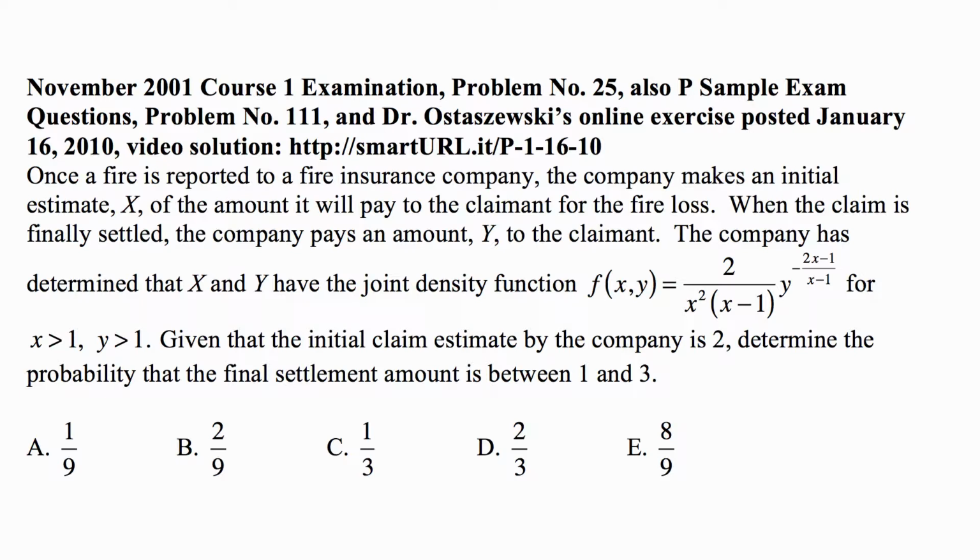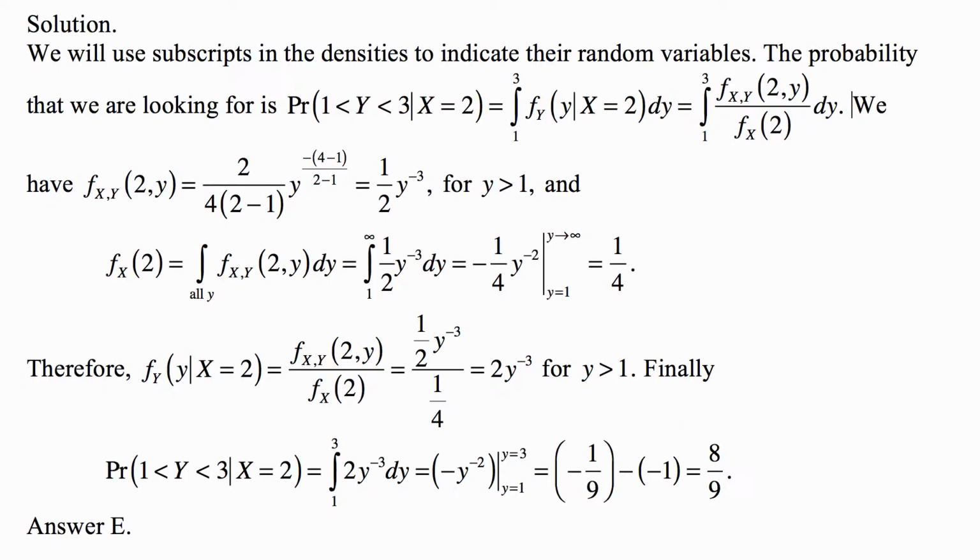The company has determined that X and Y have the joint density function f of x,y equal to 2 over x squared times x minus 1 times y to the power minus (2x minus 1) over (x minus 1) for x greater than 1 and y greater than 1. Given that the initial claim estimate by the company is 2, determine the probability that the final settlement amount is between 1 and 3.